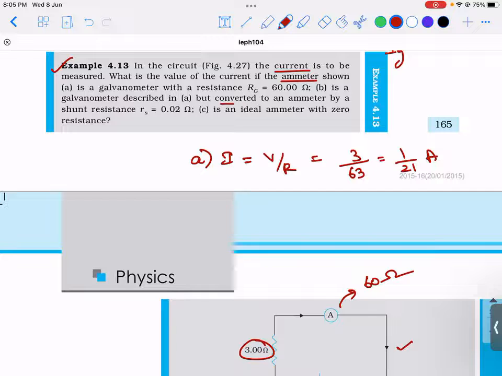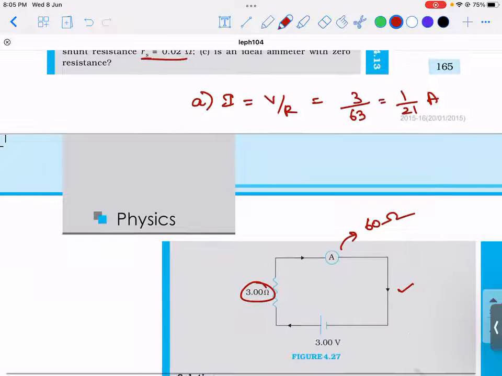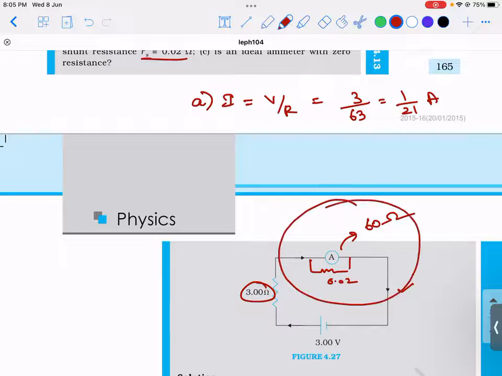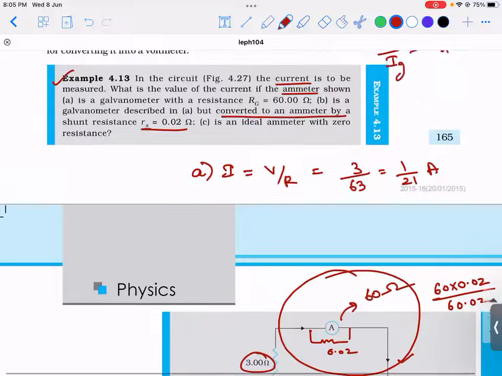But now you convert it into an ammeter by a shunt resistance of 0.02. Means to this galvanometer, if you add 0.02, what will be the resistance of this device in the first place? 60 into 0.02 divided by 60.02.